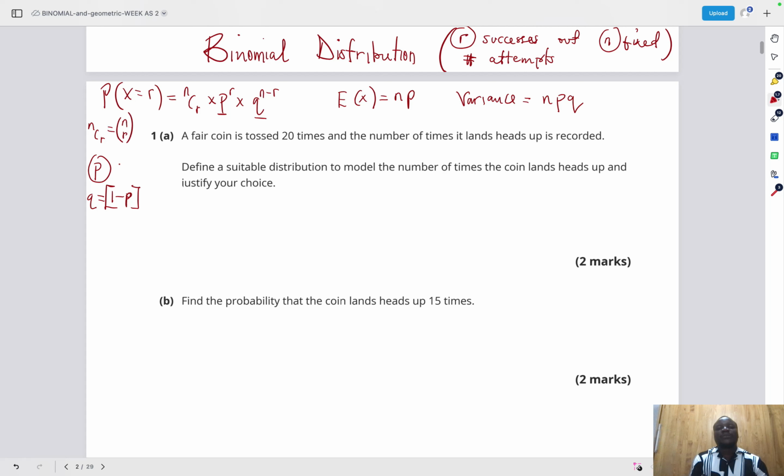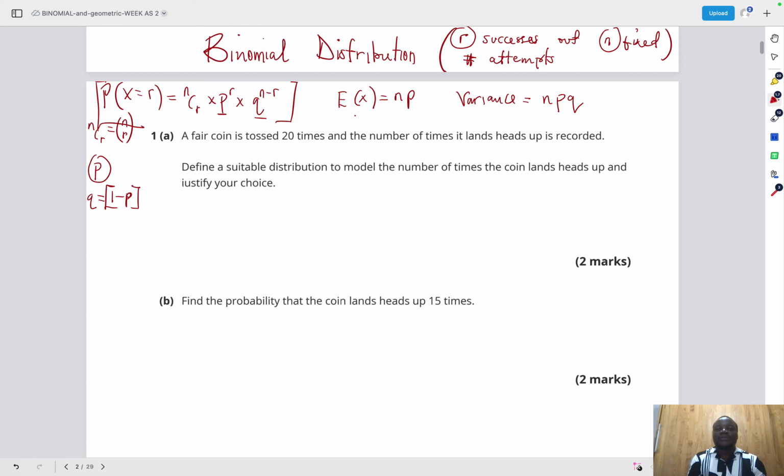So let's not get confused about that. This is the formula you need to know to find the probability that a particular random variable, which is following the binomial distribution, has R attempts which are successful out of the total number of attempts.